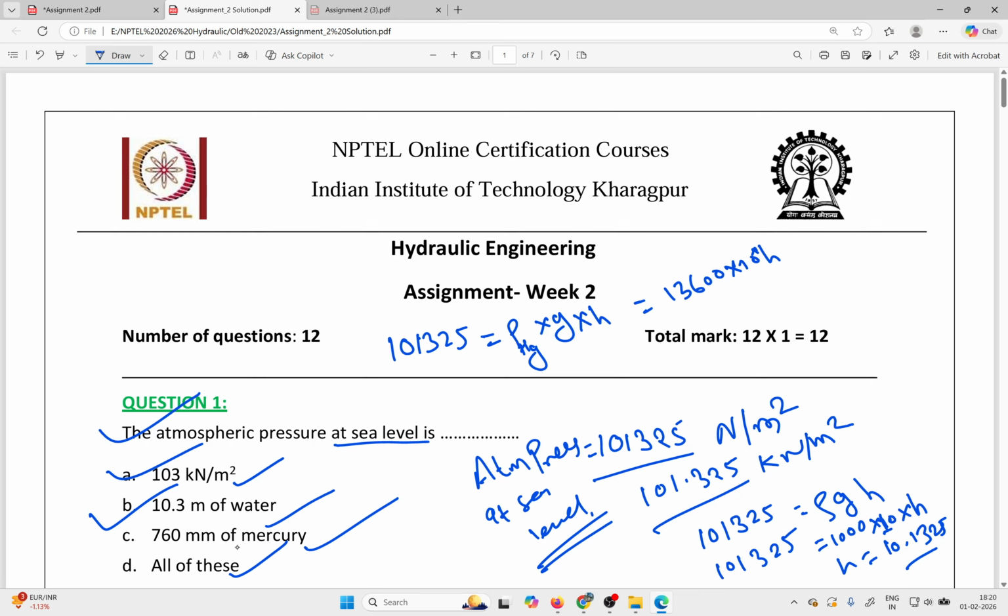The question is given in mm, so when we calculate the h value, it will come 0.760 meter of mercury. But if it is given in mm, 760 mm of Hg. So all options are correct. Hope you understand.